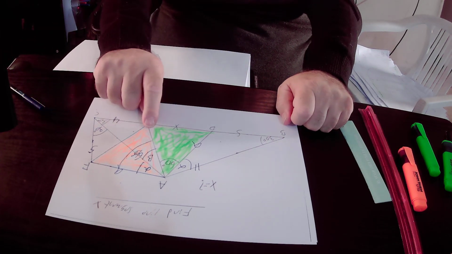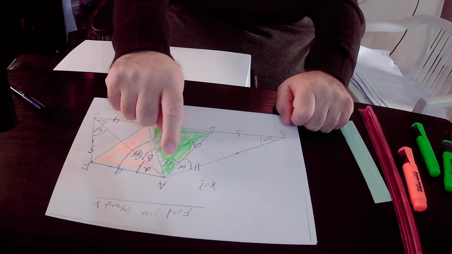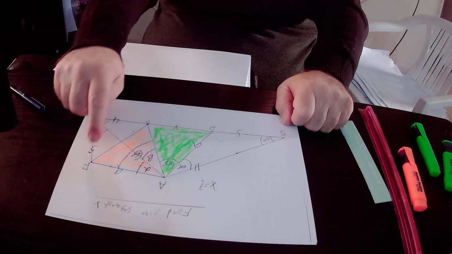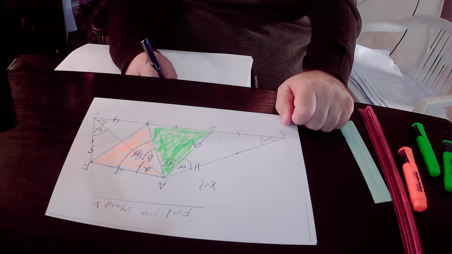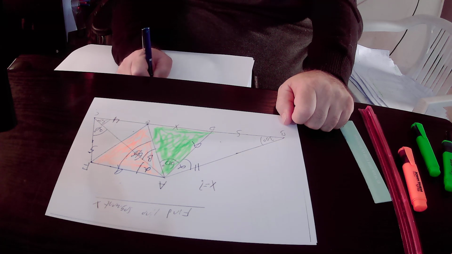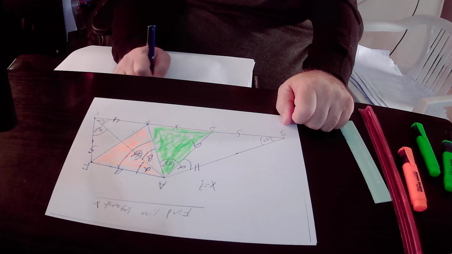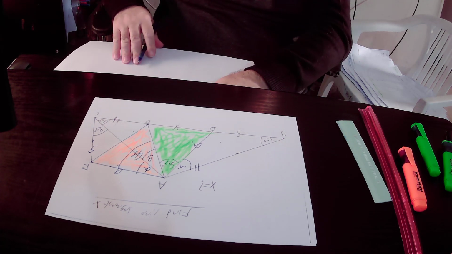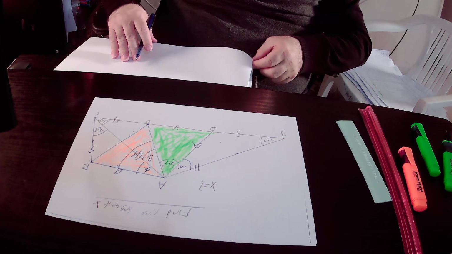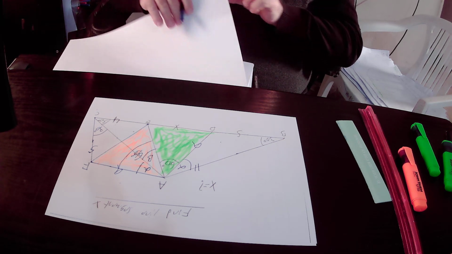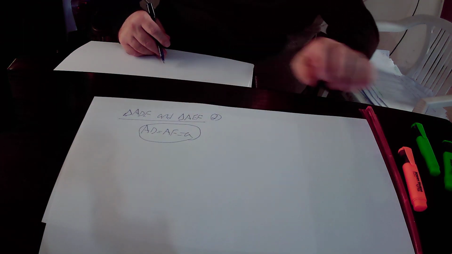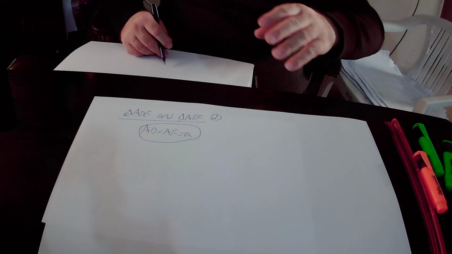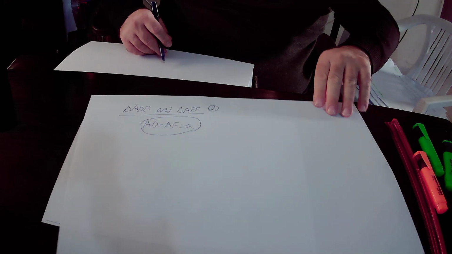First of all, we just now proved that side AD equals side AF, so I can write down that AD equals AF equals A. I'll repeat again. Side AD in the green triangle is equal to side AF in the orange triangle. They are both equal to A, therefore they are equal to each other.